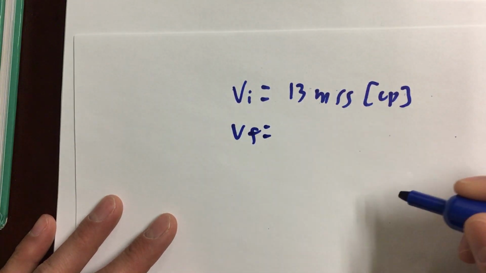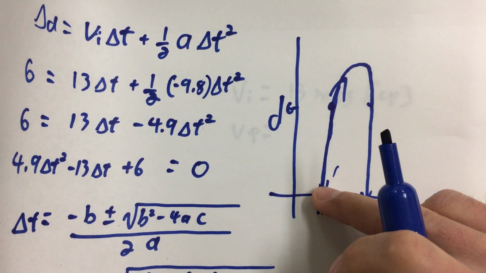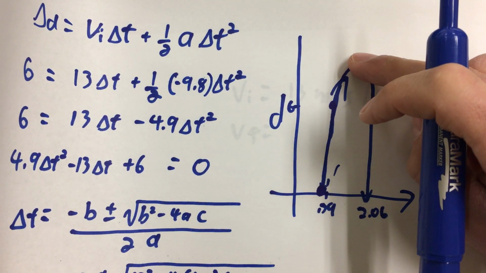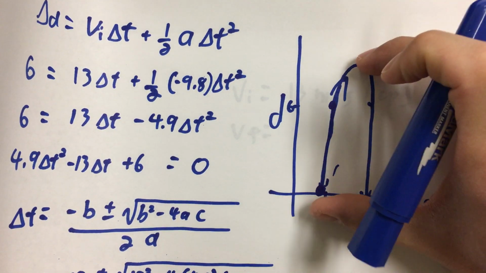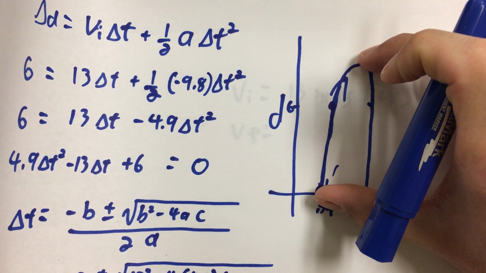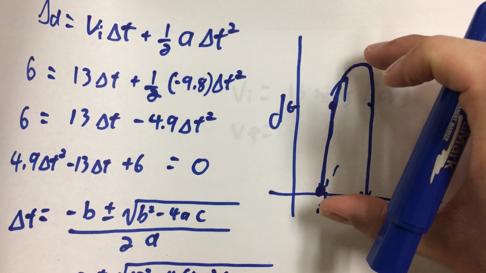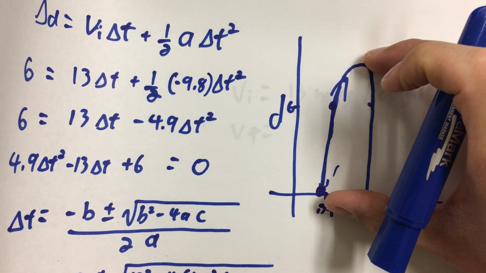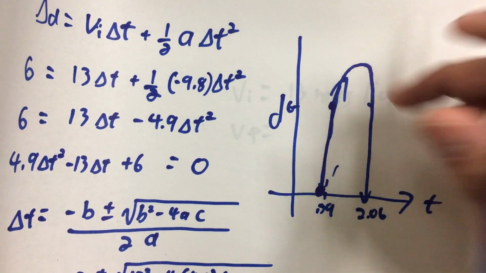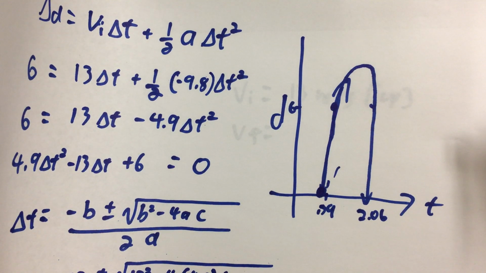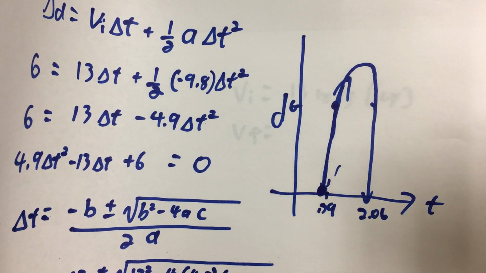What's my final velocity? Well, as the ball makes its way up, so it starts out being thrown upward, it slows down, it stops at the top. So if I'm only interested in this part, as it travels up to its maximum height, I can say its final velocity is 0. Right now, you're maybe using a pen or a pencil to copy along as you watch this. Throw it into the air and watch it closely.